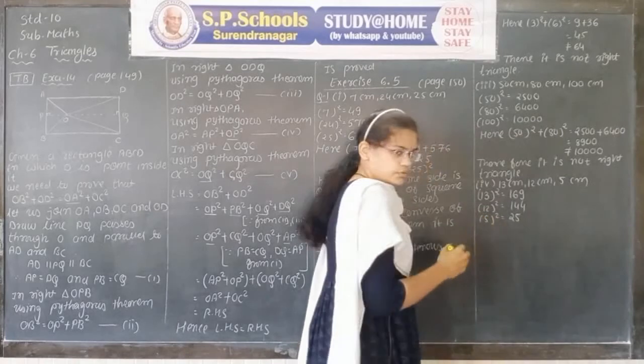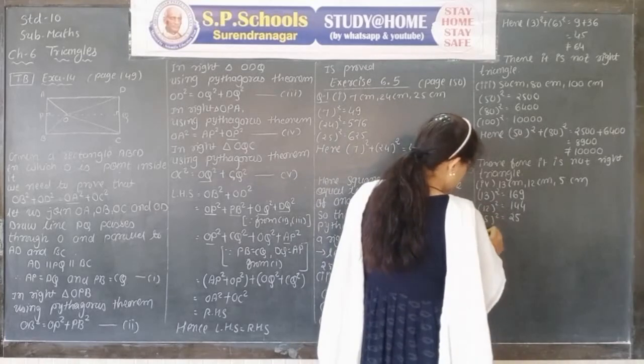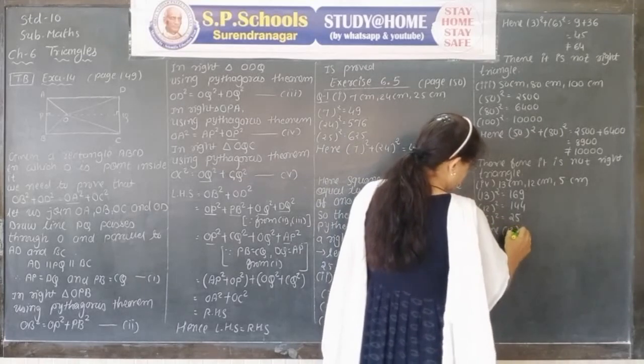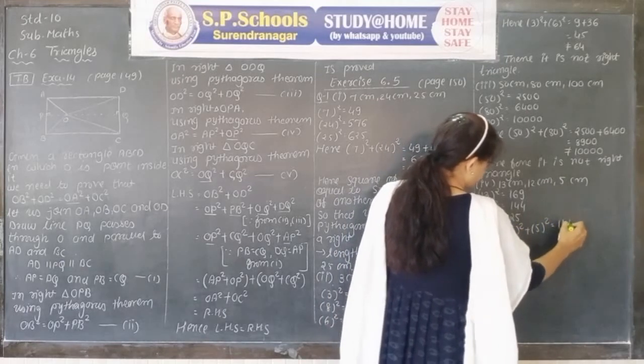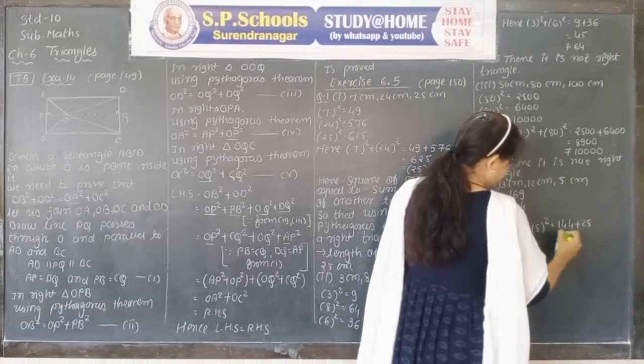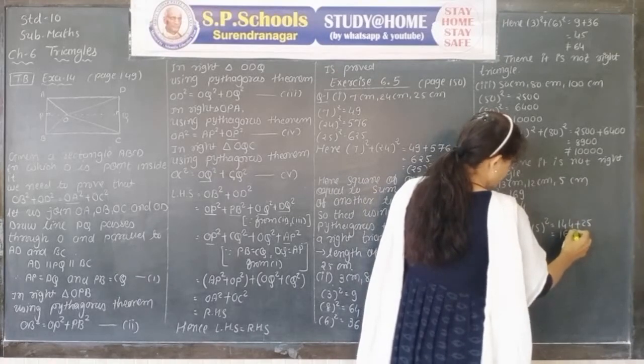Addition of the squares of the two smaller sides. Here square of 12 plus square of 5 is equals to 144 plus 25 is equals to 169. It is the square of 13.